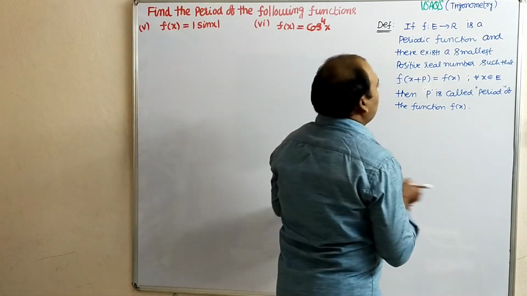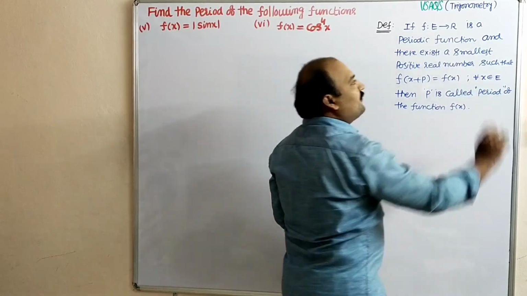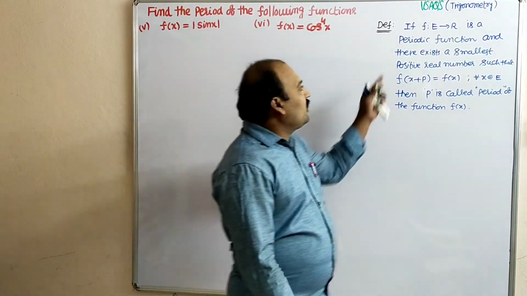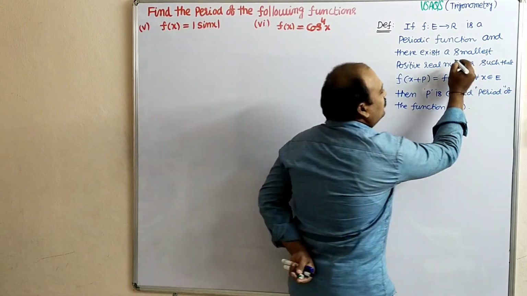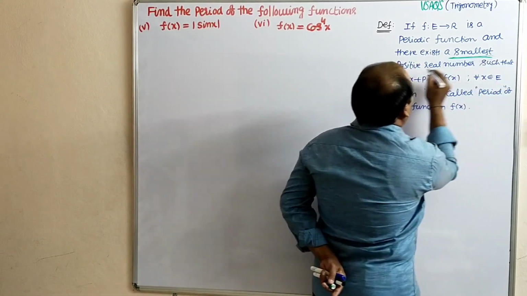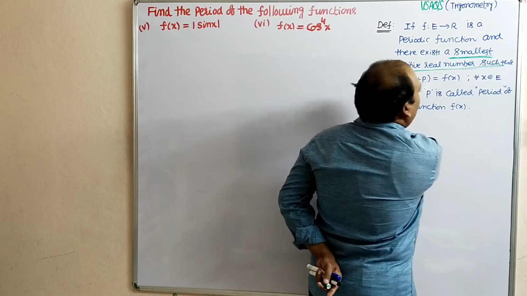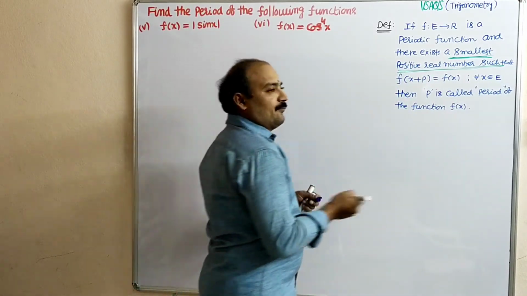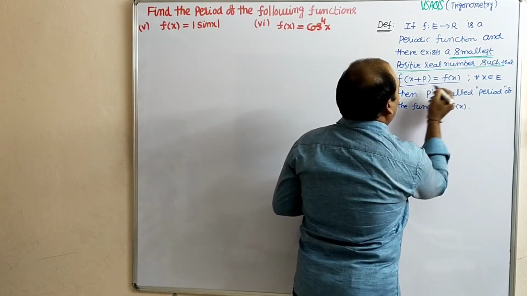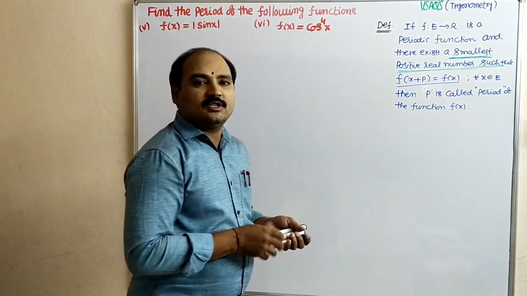So observe carefully: if the function f defined from E to R is a periodic function, then there exists a smallest positive real number. You have to note this. The smallest positive real number such that f of x plus p equal to f of x is very important.